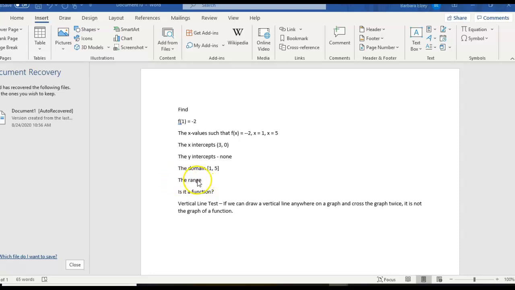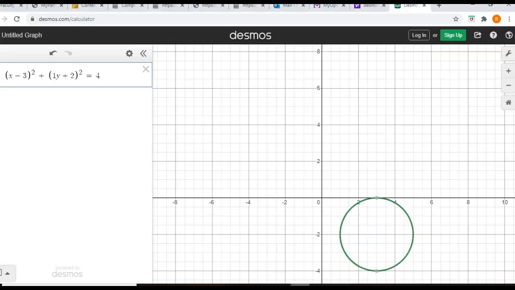All right, so now let's look at the range. For the range, let's look back at our picture. Let's think of squishing this circle onto the y-axis. So that point would end up over here. That point would end up over here. Everything in between will end up right along there. This point will end up over here.